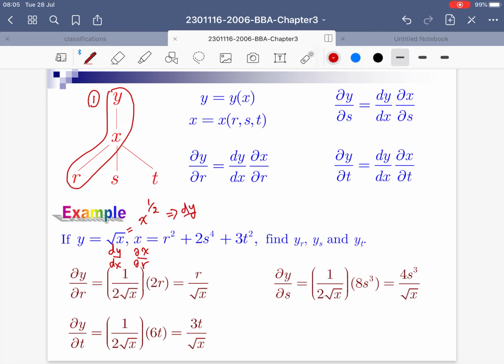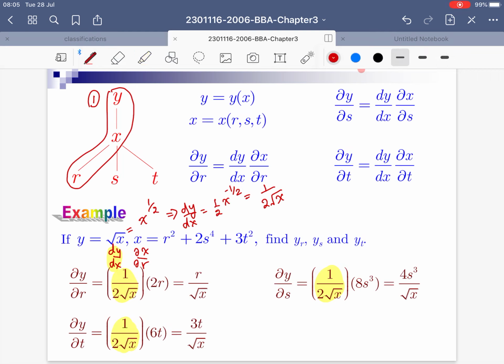So your dy by dx is simply 1/2 x raised to the power negative 1/2, which is 1 over 2 square root of x. So this one is fixed, the same all the way.